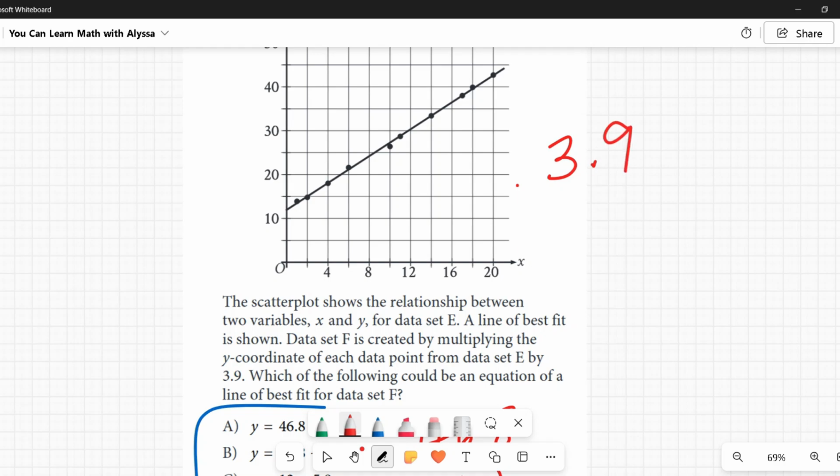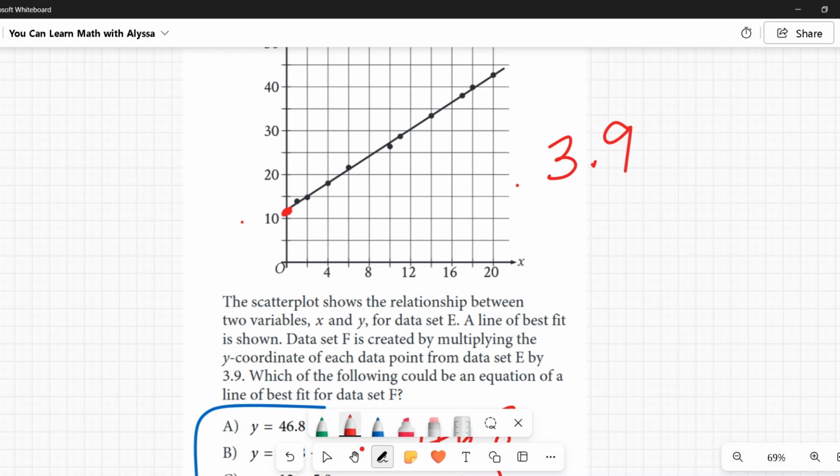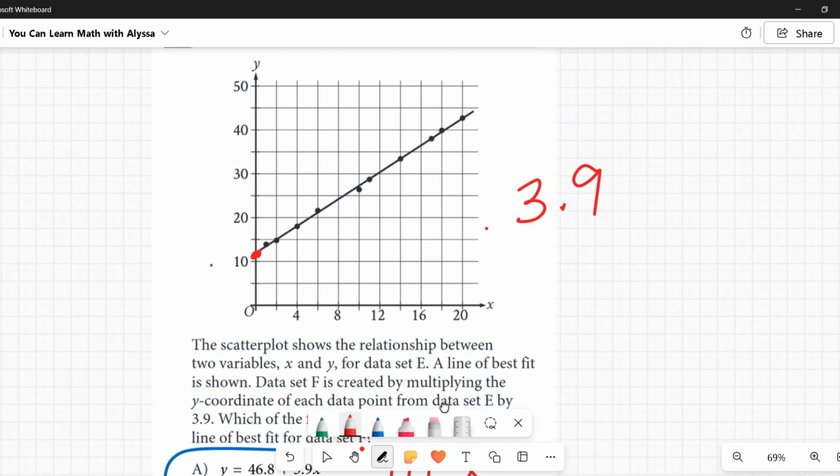All right, so our current y-intercept looks closer to 12. I have down there the 12. But that's not going to be the new y-coordinate. Currently it looks like it's (0, 12).